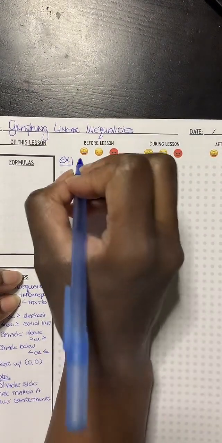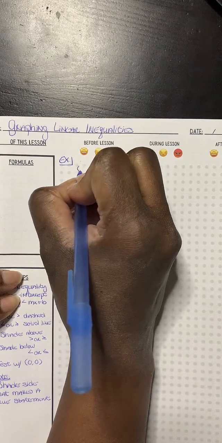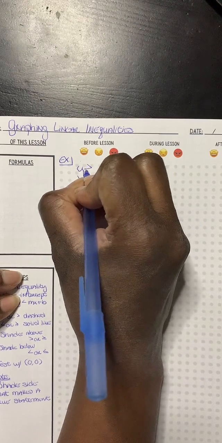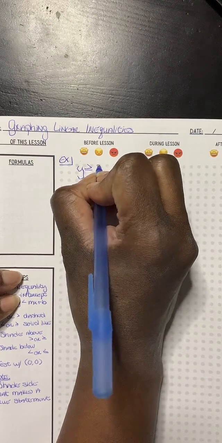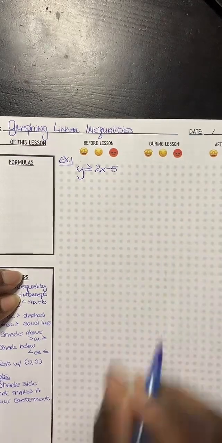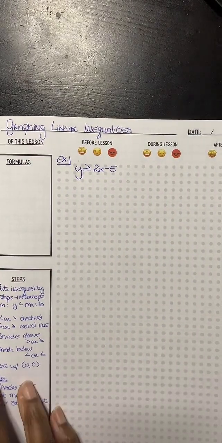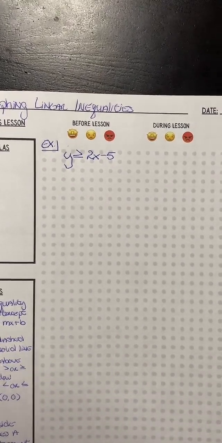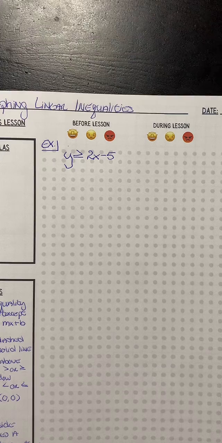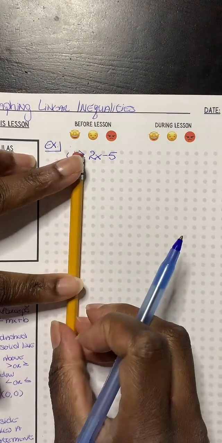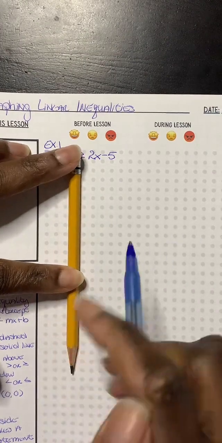So we have y is greater than or equal to 2x minus 5. Now, when we graph these, I can just do a basic graph. I'm going to do something relatively small here.